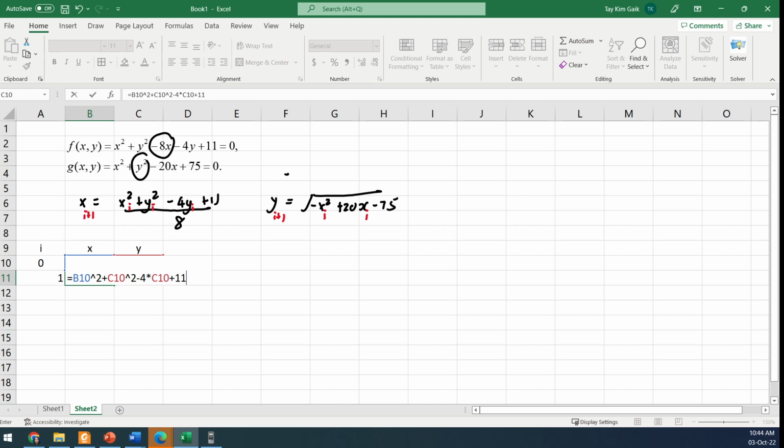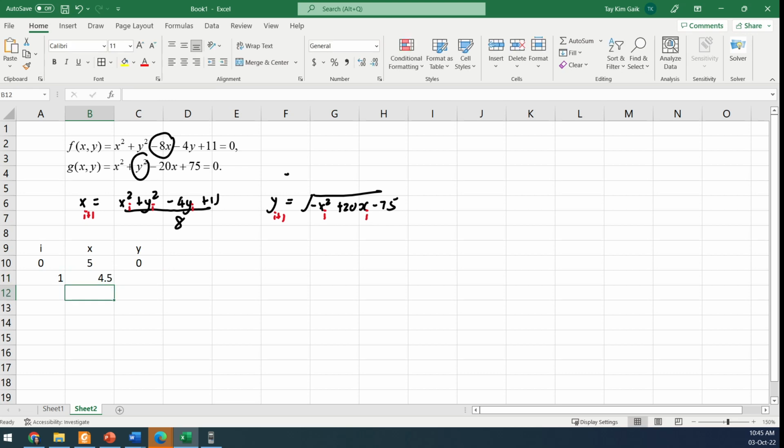For divide, in Excel limitation, you cannot show the natural display in mathematics, so you need brackets. The numerator has more than one term, so make sure to use brackets, which forces the expression in the bracket to be performed first. Divide is a slash, divide by 8. If you don't put brackets, it will only take 11 divided by 8. So you key in x naught 5, y naught 0, and we obtain x1 using this formula.